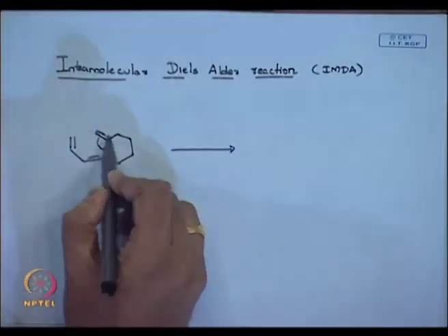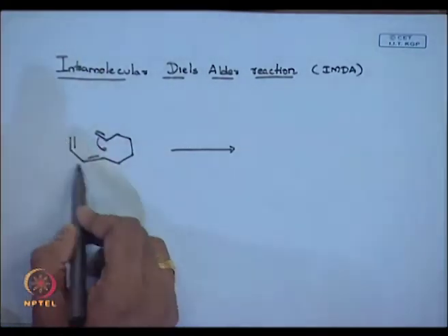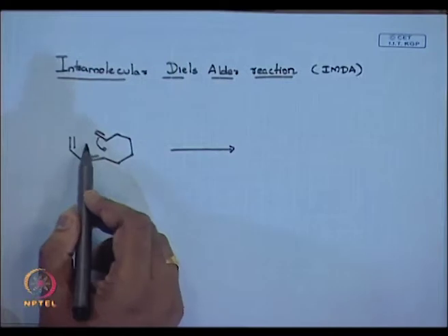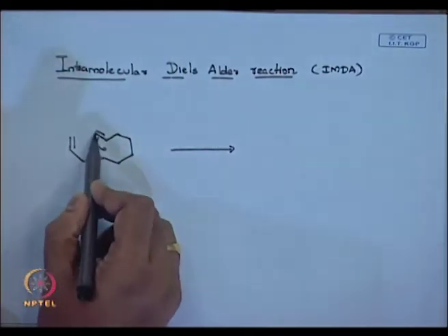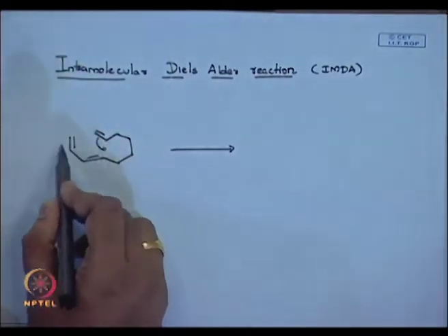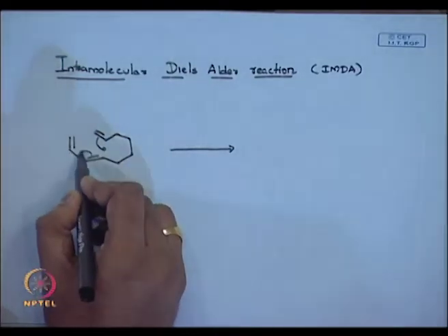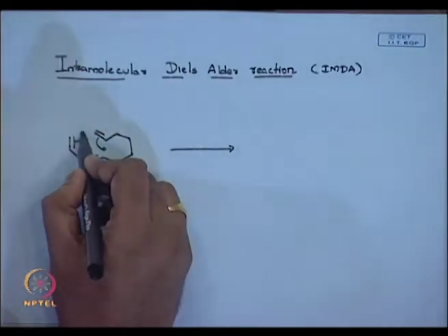So this will be your diene, that is your 4 pi electron system, and this is your dienophile, the 2 pi system.